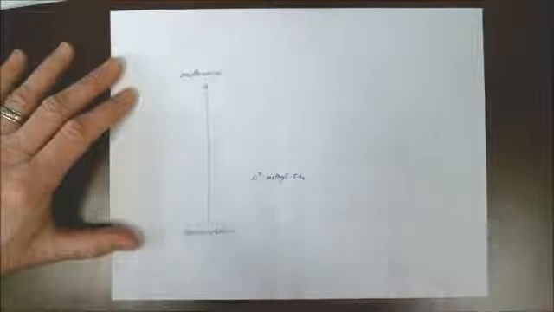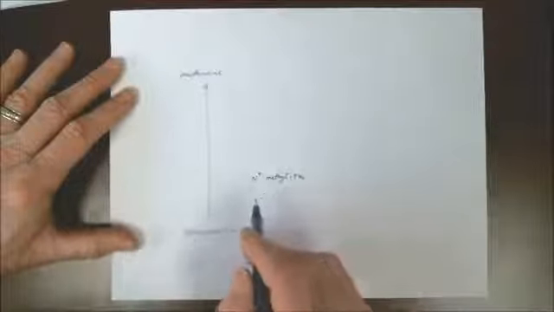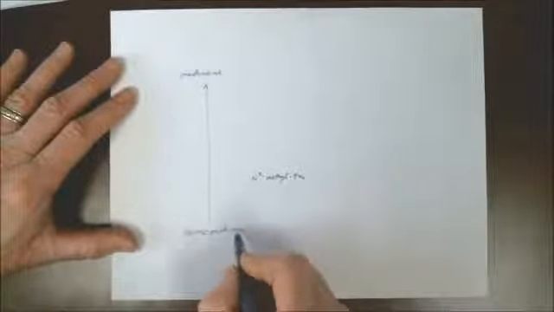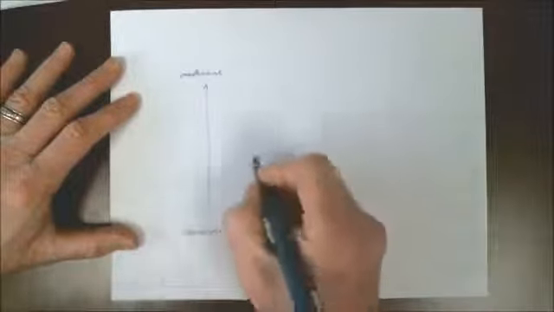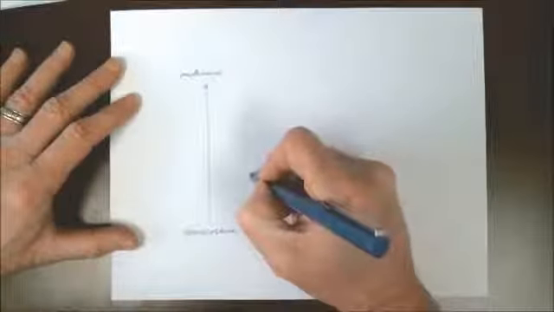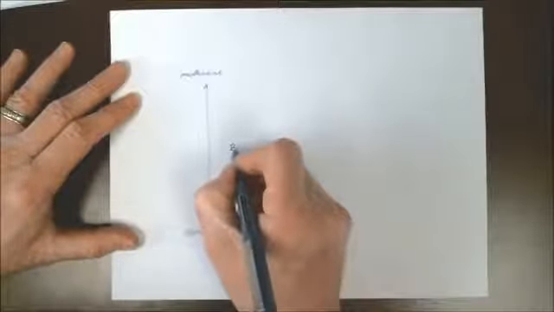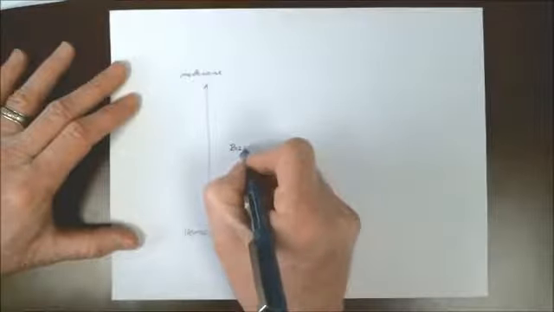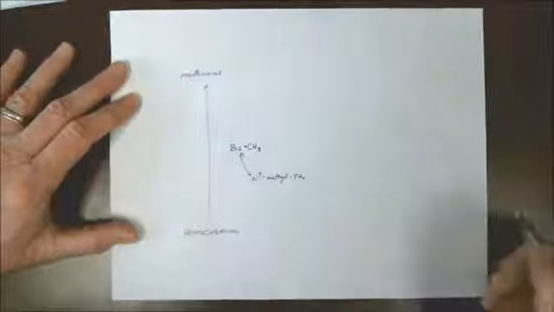Okay, so the problem with this is that the N5-methyl, that methyl group, is not donated directly to the homocysteine group. We have to go through another intermediate. And that intermediate is adding that methyl group on vitamin B12 in order to form the vitamin B12 methyl complex.